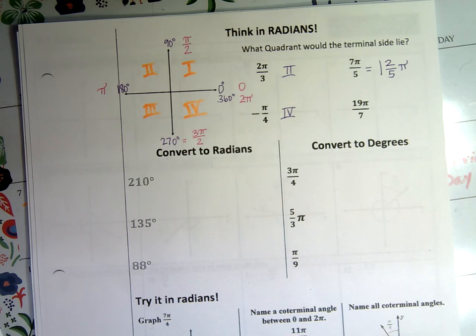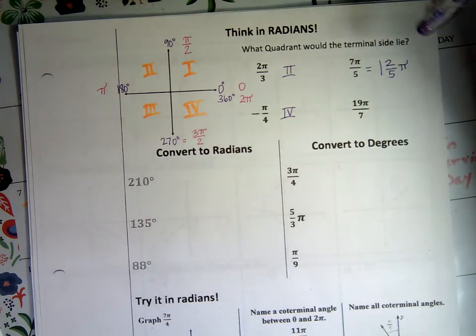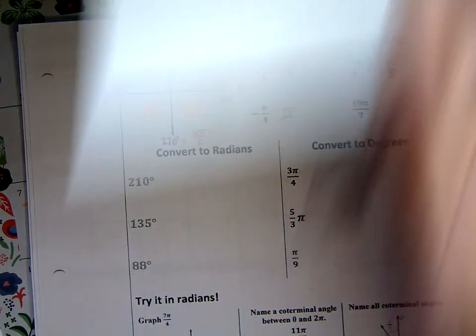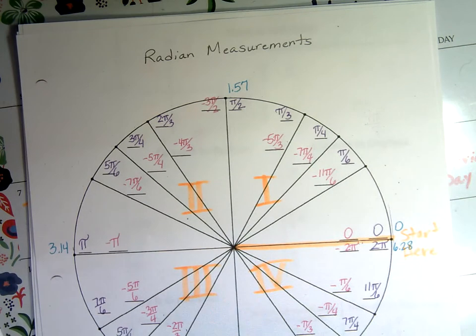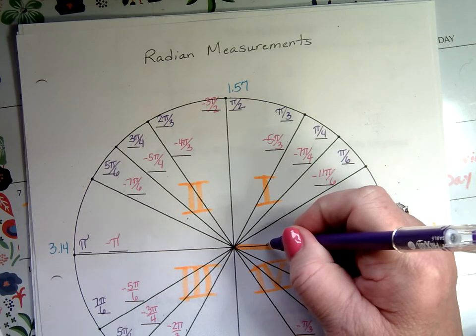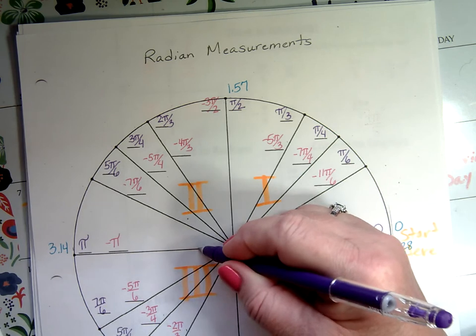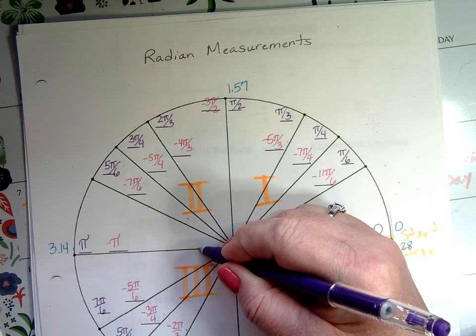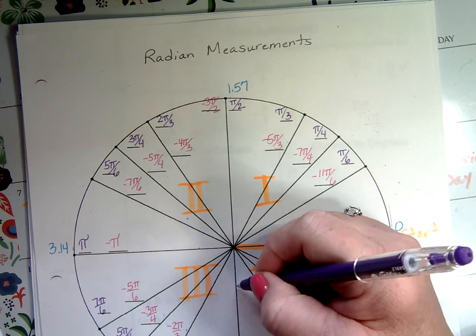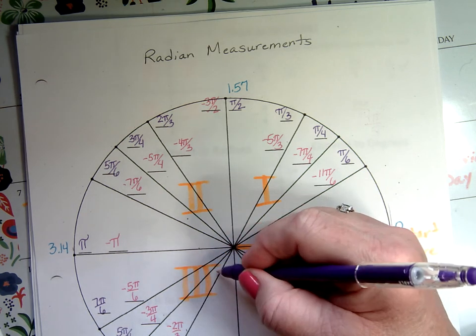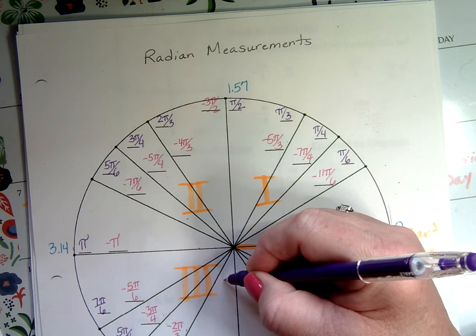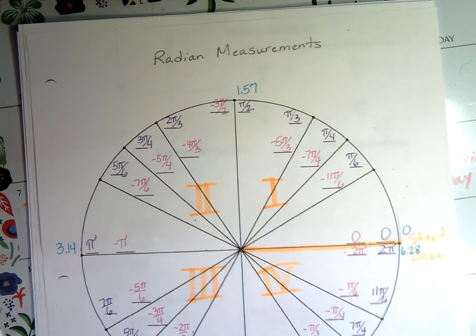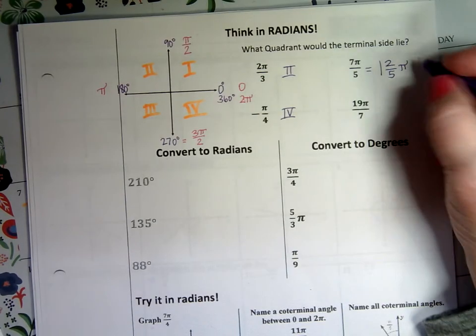If I go back to my circle, I'm going 1 2/5 of the way. I'm starting here. If I go 1 pi, I'm over to here, but I need to go 2/5 beyond that. Am I going to make it to the 1/2? 2/5, and the answer is no, it's smaller. So this one would land in the 3rd quadrant.